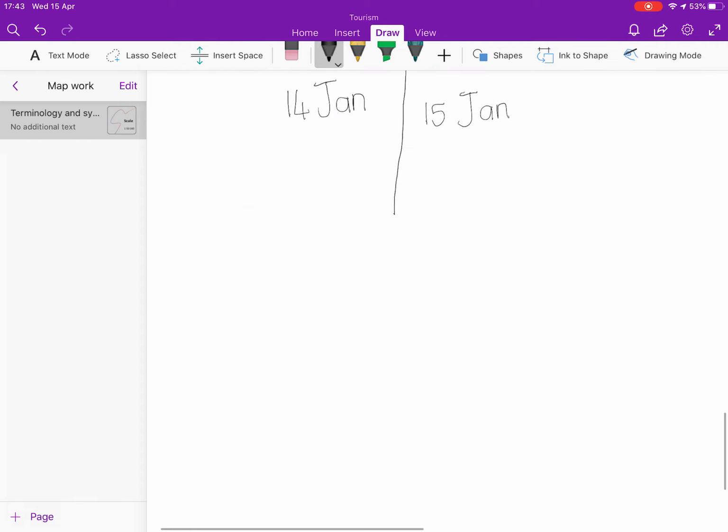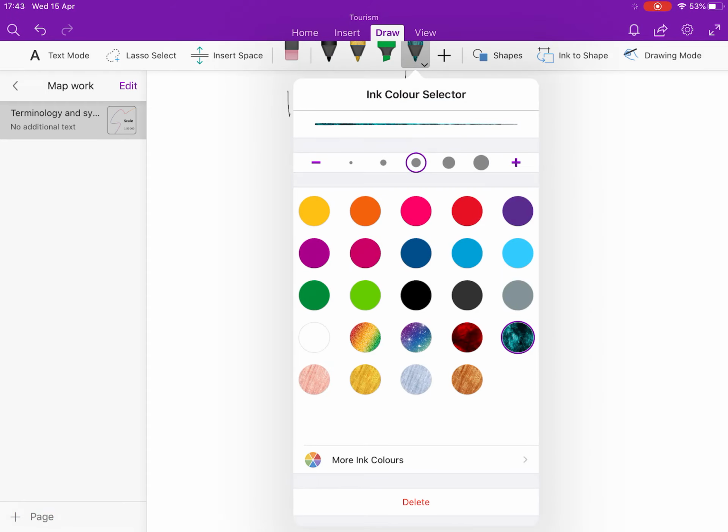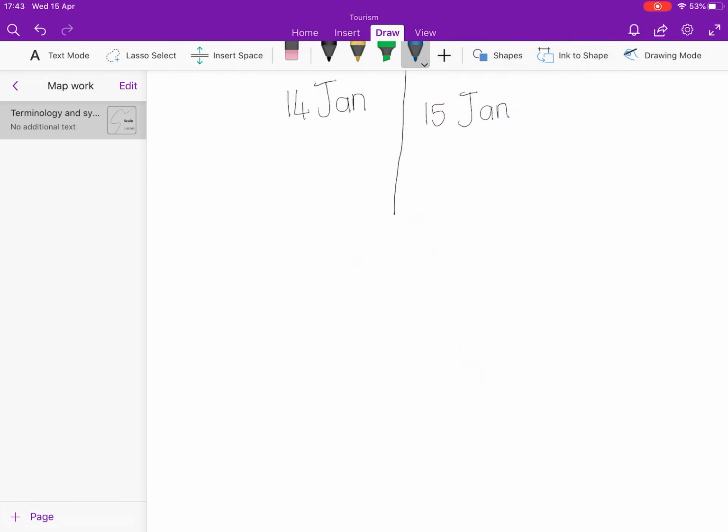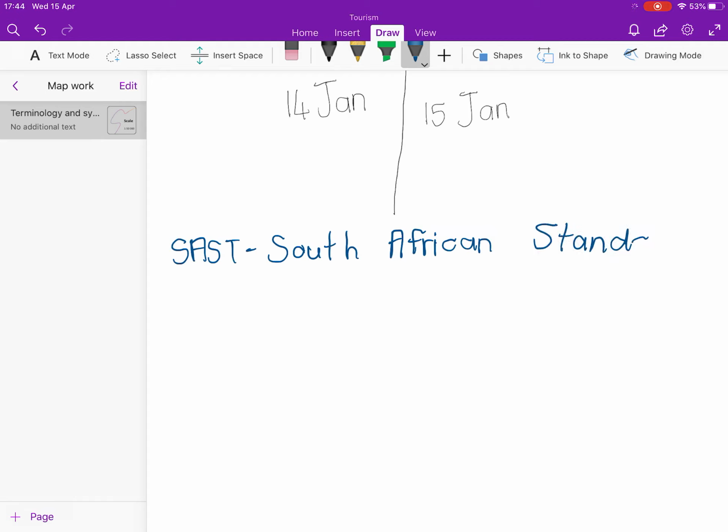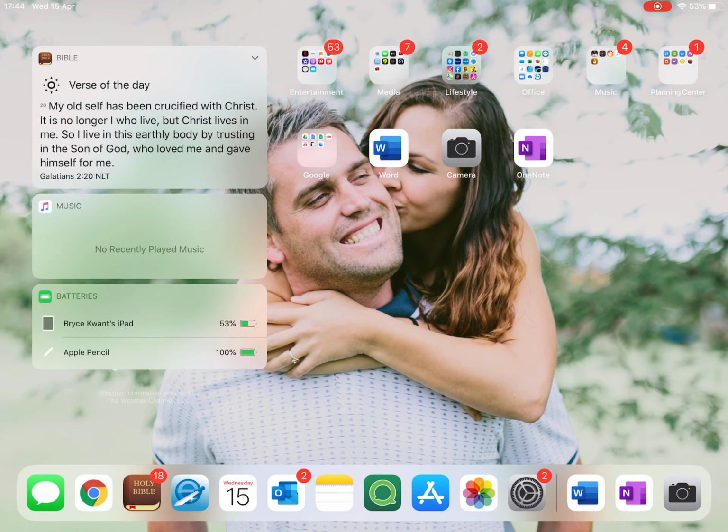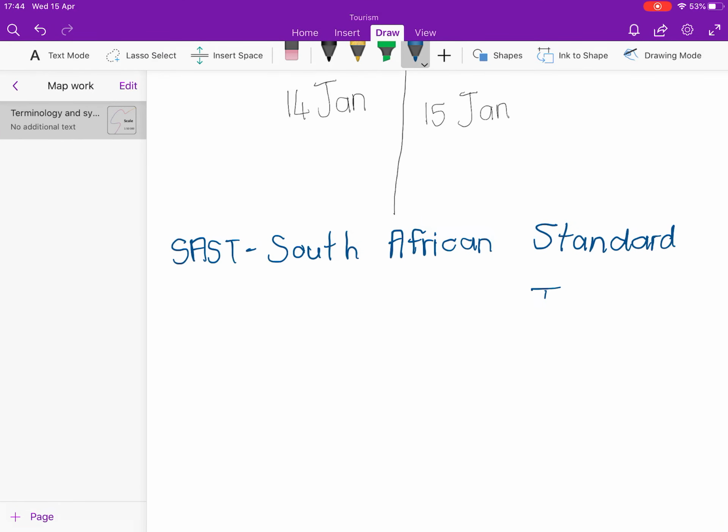Another abbreviation that you need to be well aware of is SAST, and that stands for South African Standard Time.